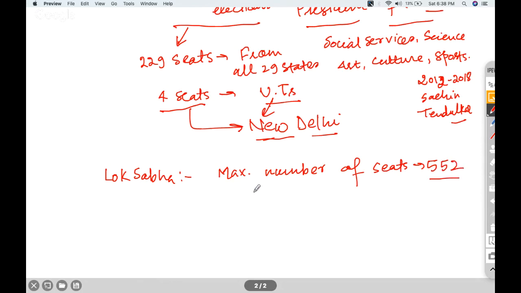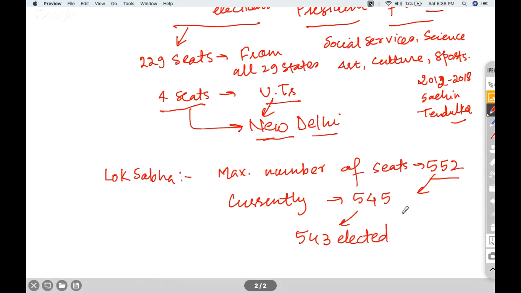Currently, 545 seats are there; 7 seats are not taken. Out of 545, 543 are elected, and 2 seats are nominated.